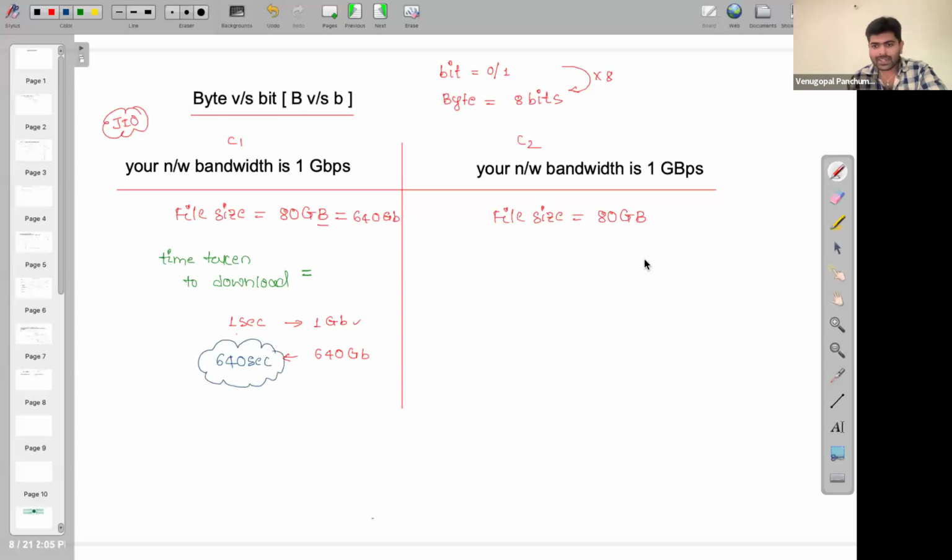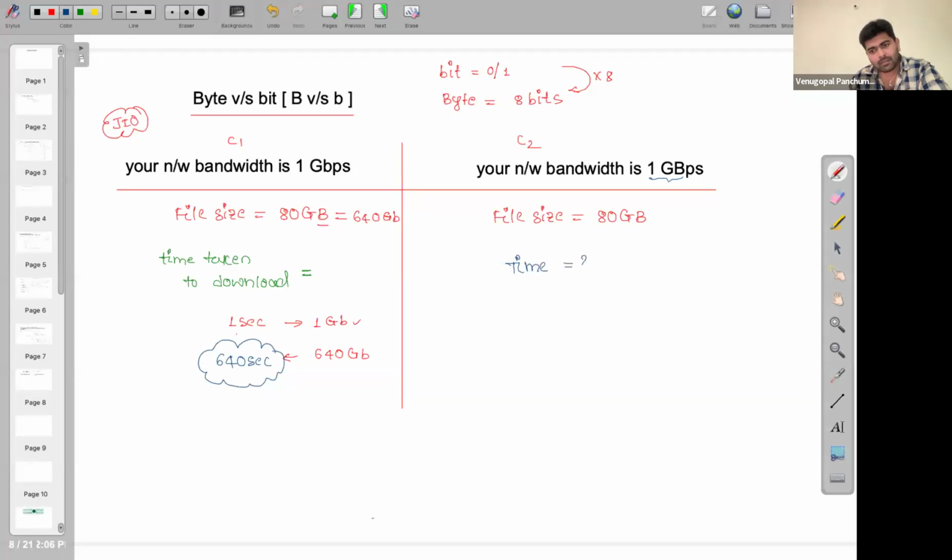Now let's see the second case. In the second case, the data you are getting is 1 capital GB per second, which is a multiple of 8. If speed is a multiple of 8, then time will be divided by 8. Got it, right? Simple. Now how much time is it going to take here?